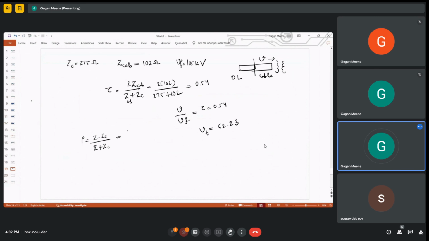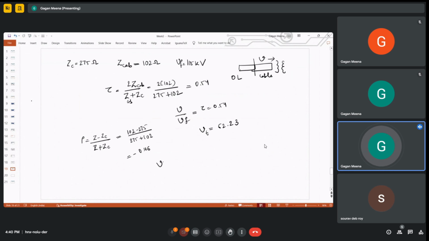So this is 102 minus 275 divided by 102 plus 275. So this is minus 0.46.